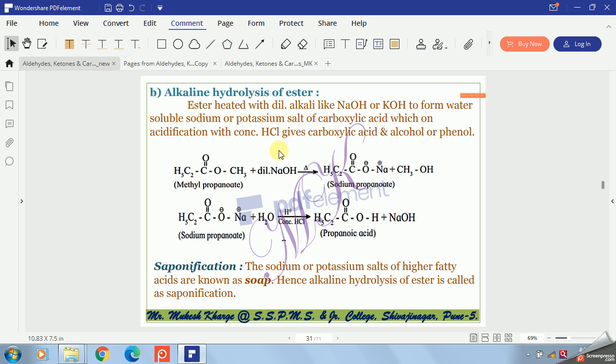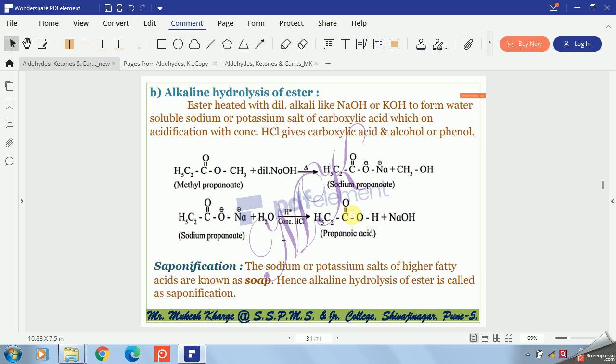So esters heated with dilute alkali like NaOH or KOH, sodium hydroxide or potassium hydroxide, form the water soluble sodium or potassium salt of the corresponding carboxylic acid, and that salt undergoes hydrolysis in presence of concentrated HCl to give the corresponding carboxylic acid.